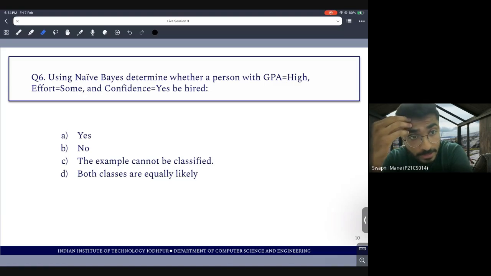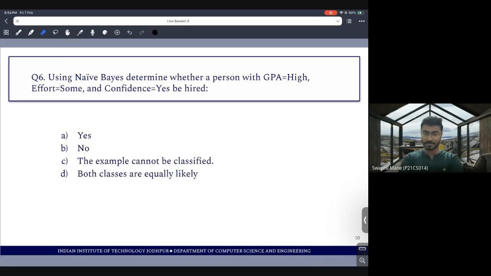Someone is saying B is no. Yeah, majorly saying B and D. Is any other option correct? D, so it is equally likely here actually. Two responses are B and two responses are D options. So here is a tie. So please give an answer, so that we can resolve this tie.